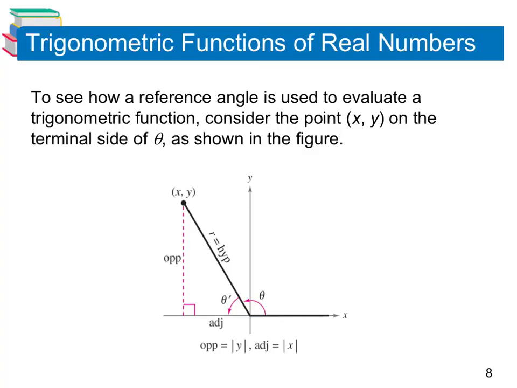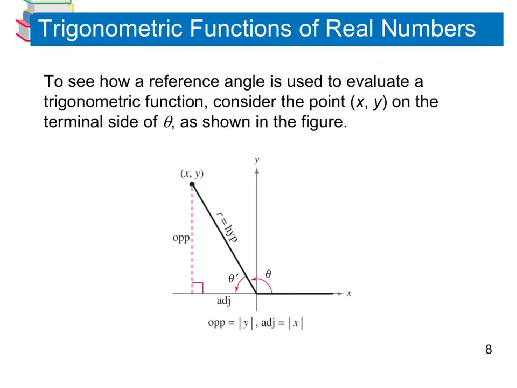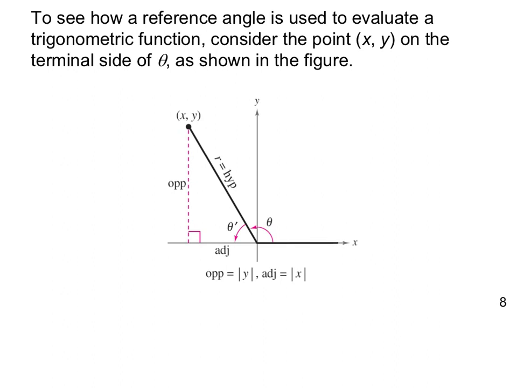To see how a reference angle is used to evaluate a trig function, consider the point xy on the terminal side of theta as shown in the figure. This takes us all the way back to the first example we did. We are finding when theta is our reference angle, even though our actual theta is this angle.